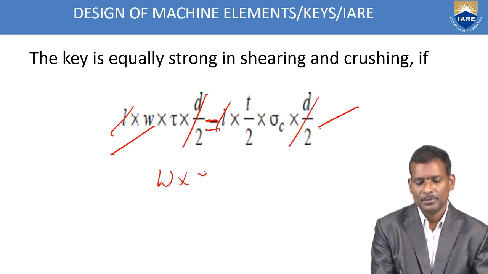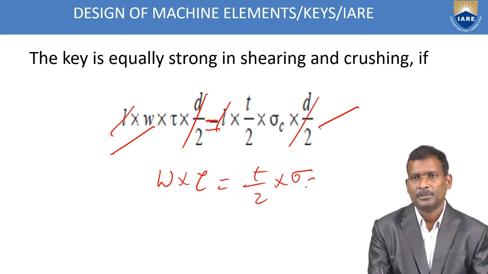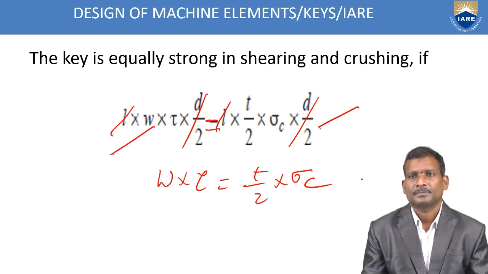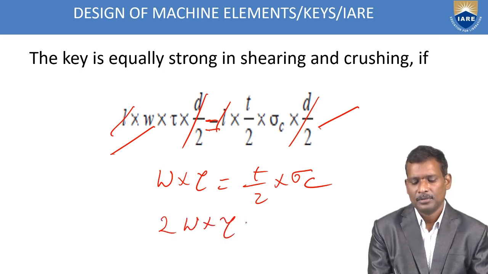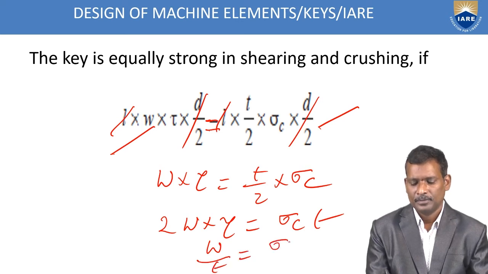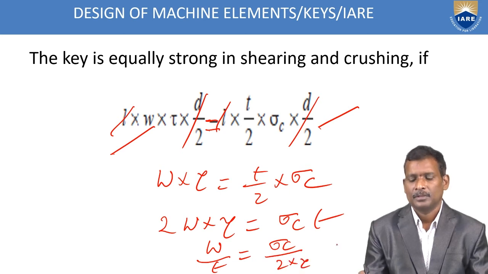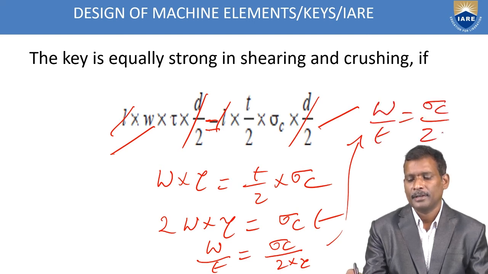So W into tau is equal to T by 2 into sigma c. We can write 2W tau is equal to sigma c T. So W by T is equal to sigma c by 2 tau.